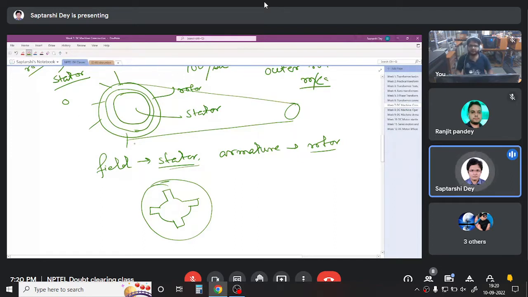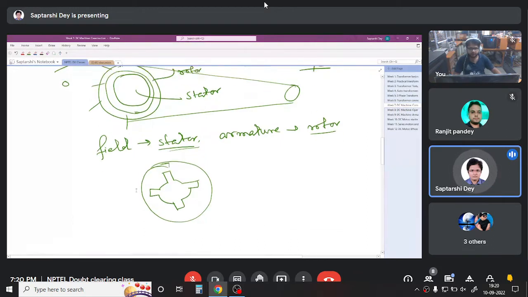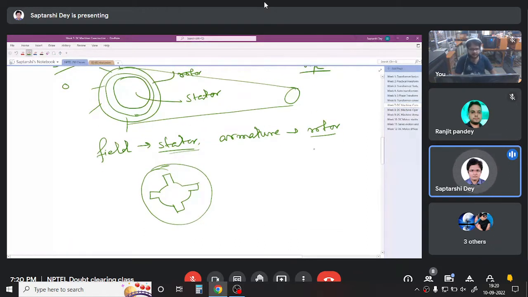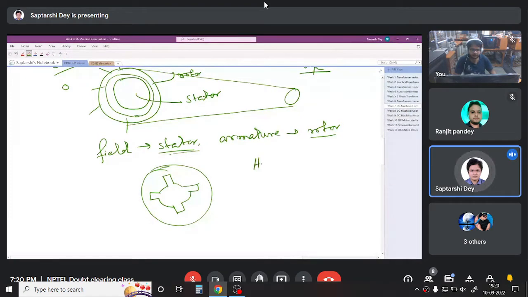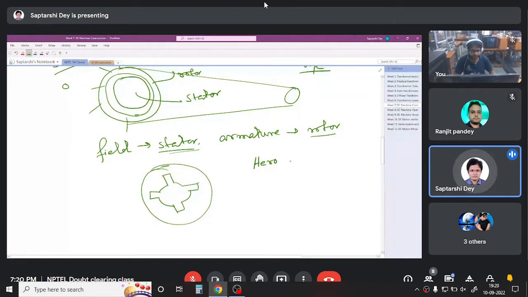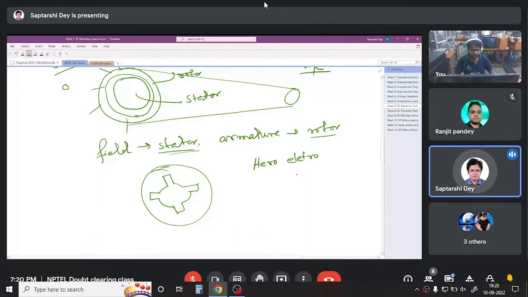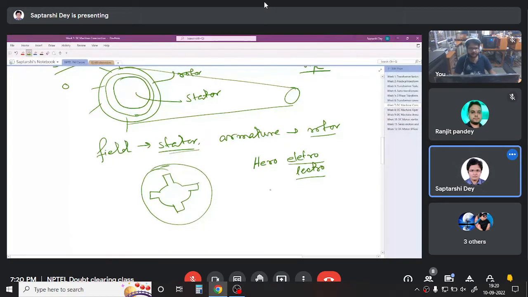So this kind of structures are made to easily couple the load. For example, you might have seen some electric cycles which are coming out nowadays. One electric cycle you might have seen its advertisement on YouTube. Most probably it is called Hero Electro. Something like this they call it.